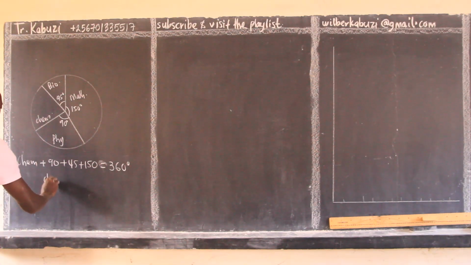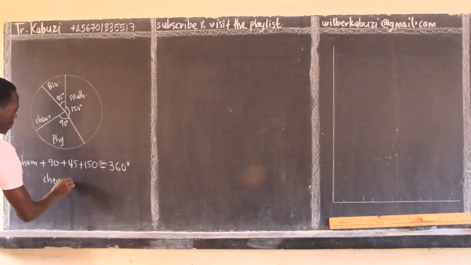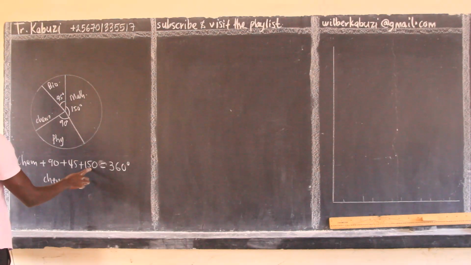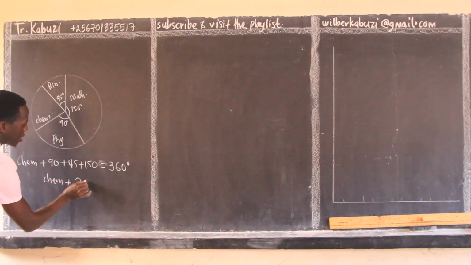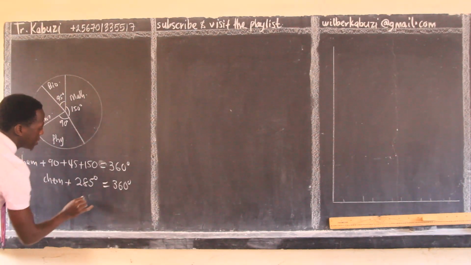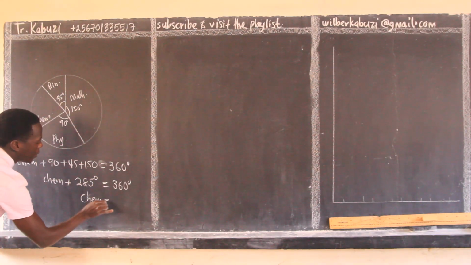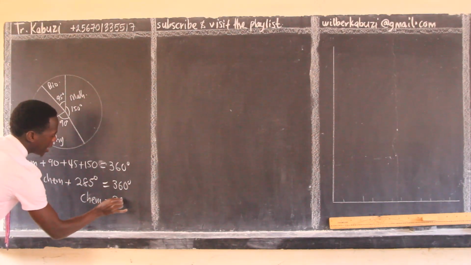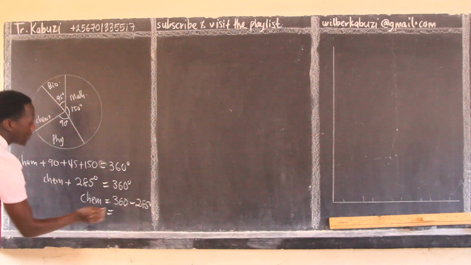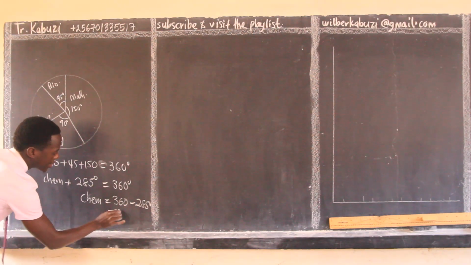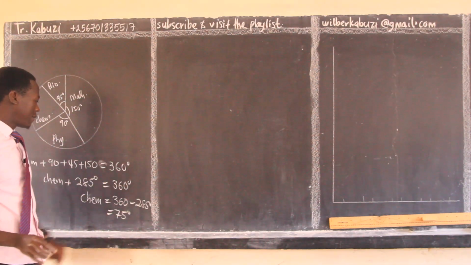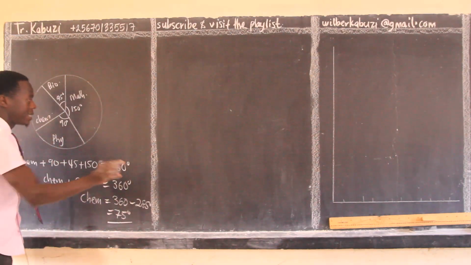So my chem plus 240 plus 285 degrees equals 360 degrees. So my chem will be, you take this to the other side, 360 minus 285 degrees. This will be, I think, 75 degrees. So now chemistry is 75 degrees.